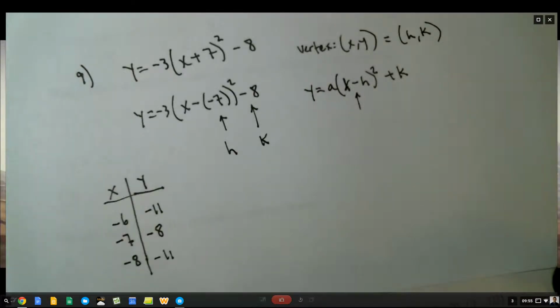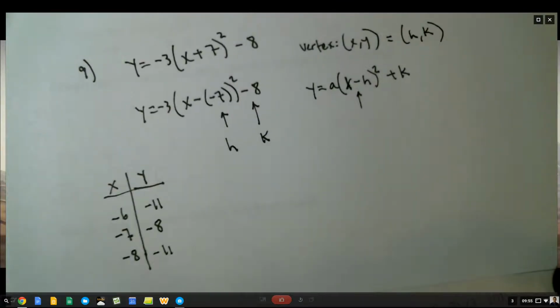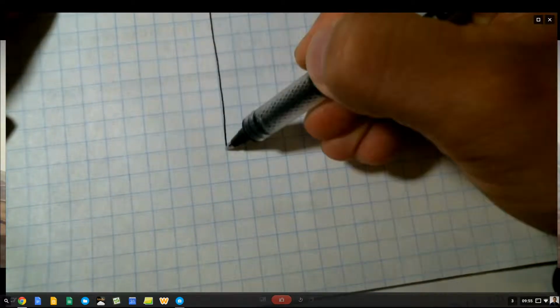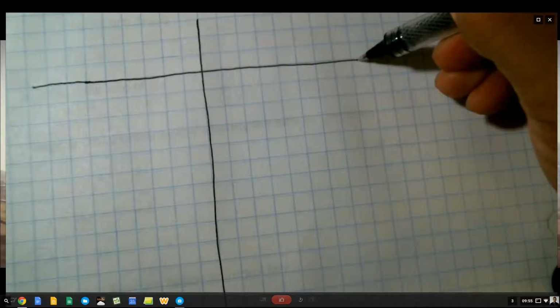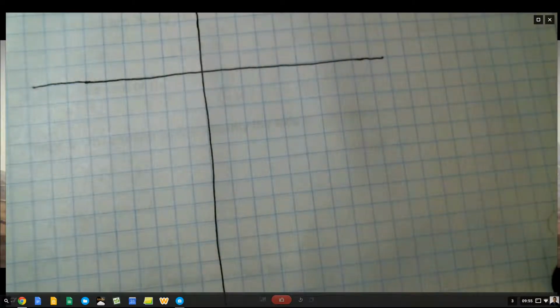So now we graph our equation. This is my x axis, and the other line is my y axis. Let's graph that.